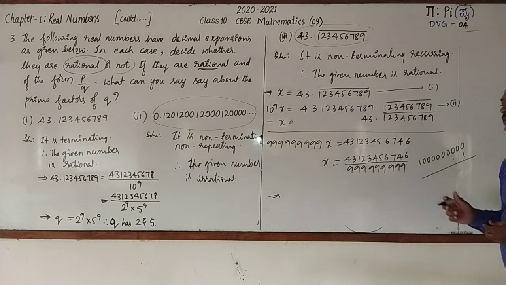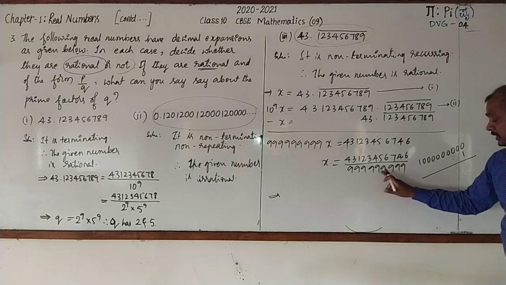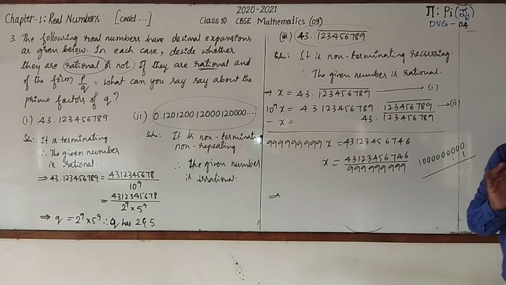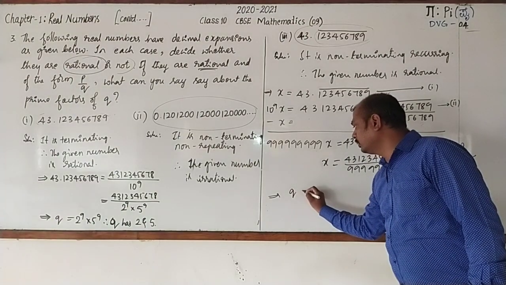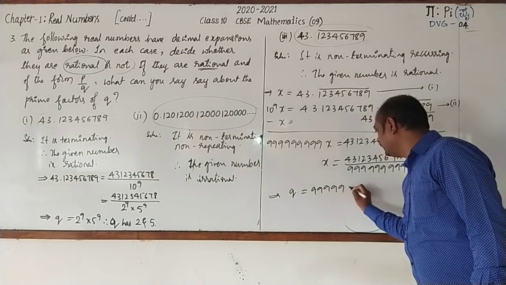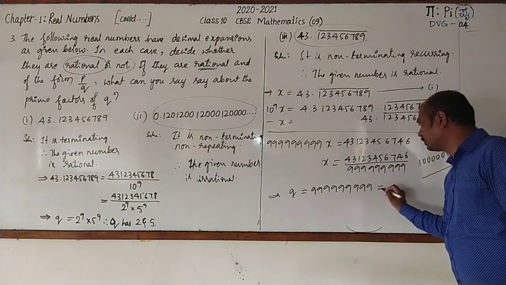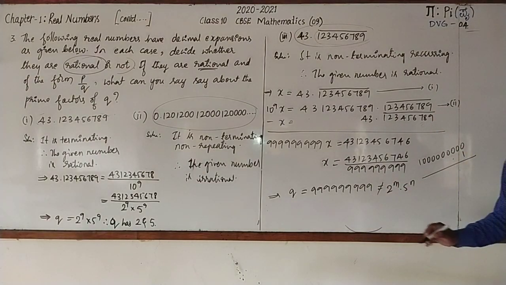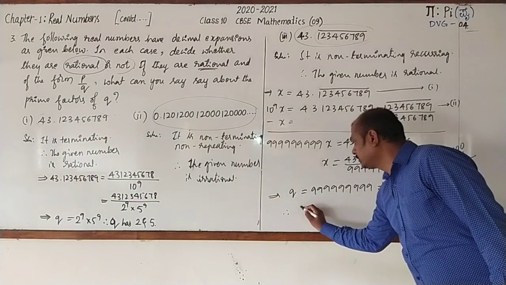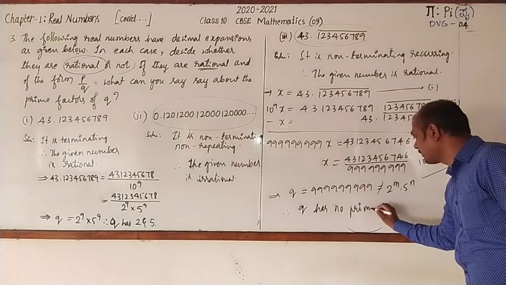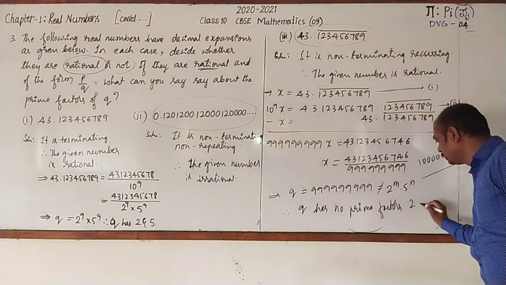See that these are all multiples of 3 and 9, and when you go for dividing that, you won't get 2 and 5. So you can say that q is equal to 999999999, that is 9 nines in total. It is not of the form 2 raised to the power m into 5 raised to the power n. And you can say that therefore q has no prime factors. What are those? 2 and 5.